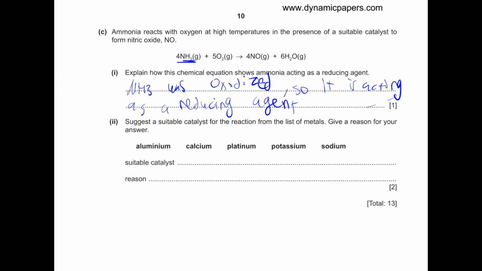Suggest a suitable catalyst for the reaction from the list of metals. Give a reason for your answer. So we can see here that this is a group 3 element, that's a group 2 element, that's a transition metal, that's group 1, and that's group 1.